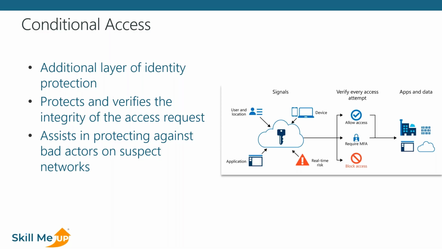So we can do that by creating conditions based on who the user is, where their location is, what device they're accessing from, what applications they're trying to access, or just whether there's a real-time risk based on a potential threat that's known through the Microsoft threat database as a potential IP range that is compromised within the overall global infrastructure.